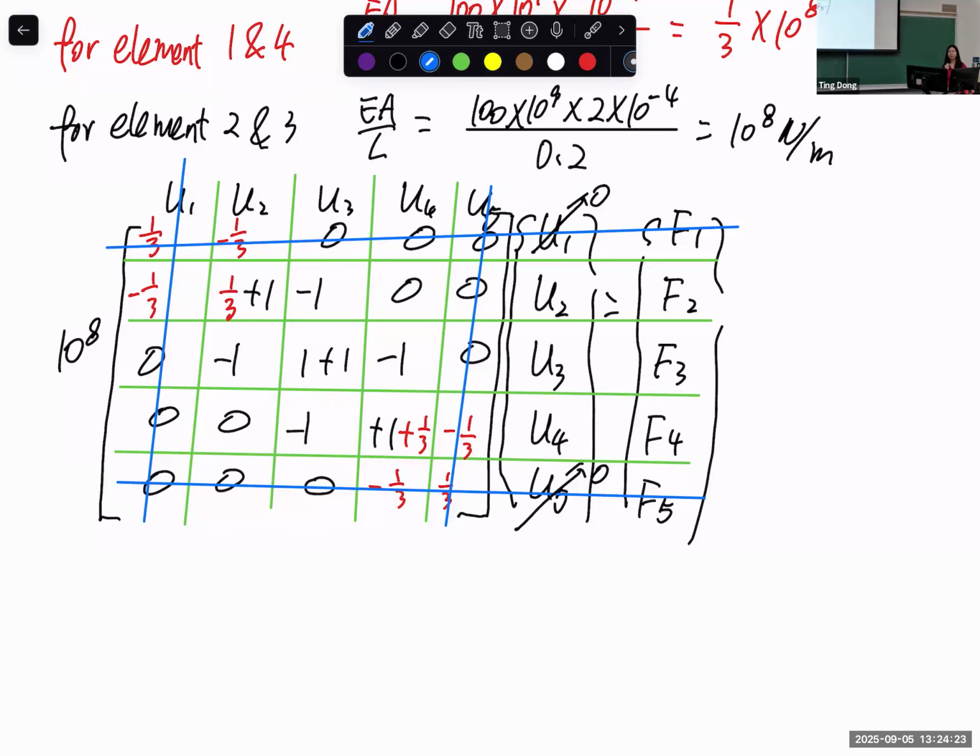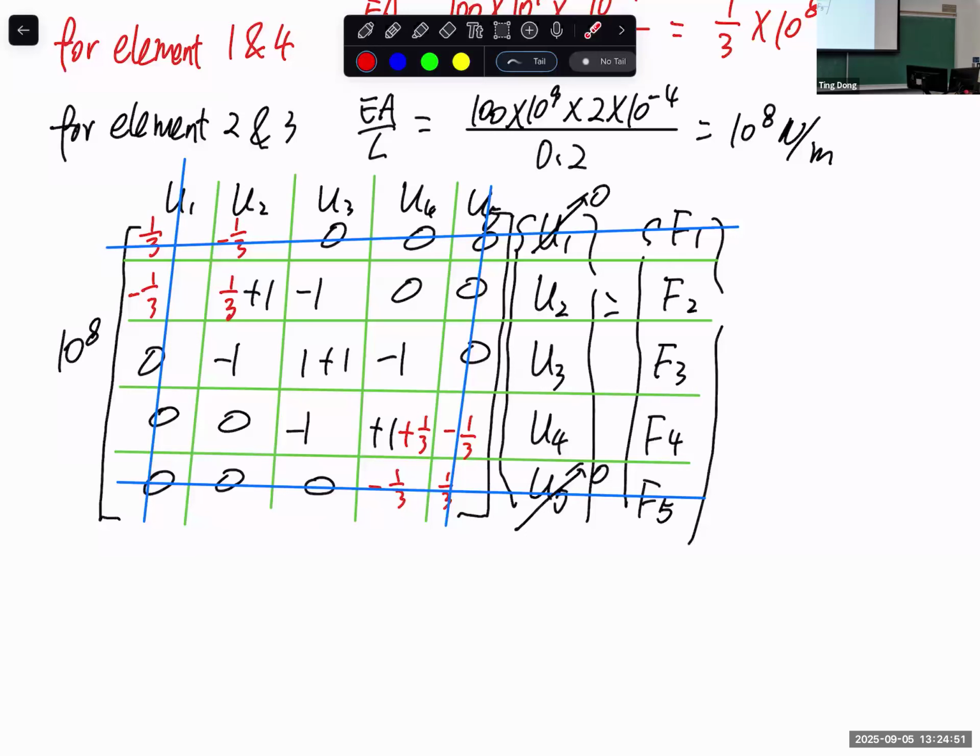Any question? You can consider that whenever the displacement is 0, it is a boundary condition. Why did you cross out the top and bottom rows? Because this top row is for F1, right?